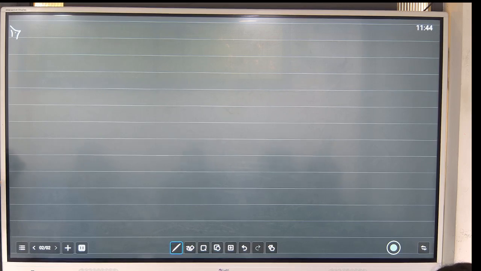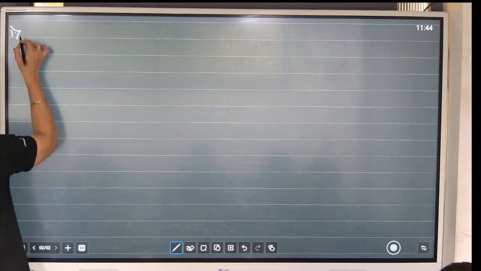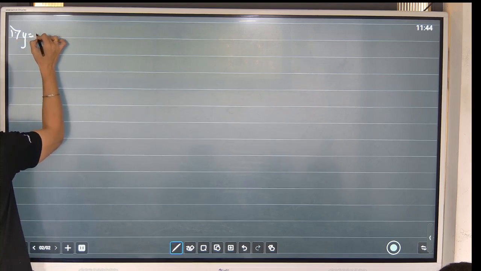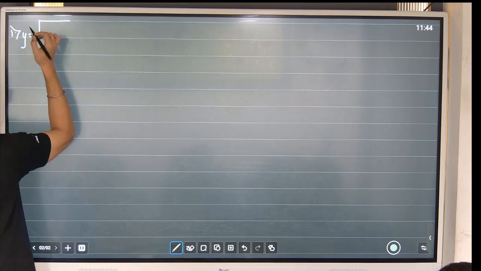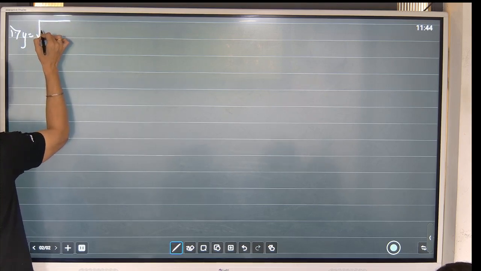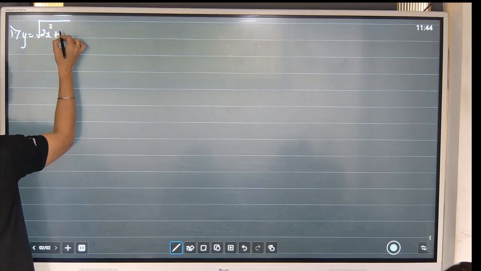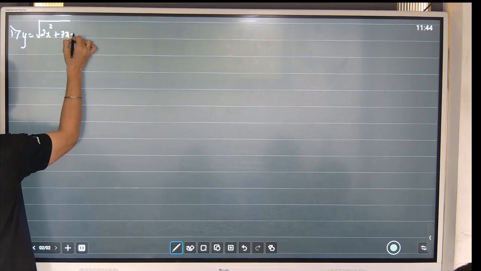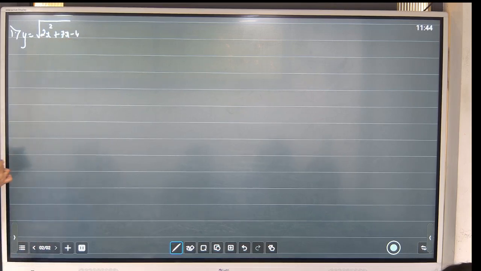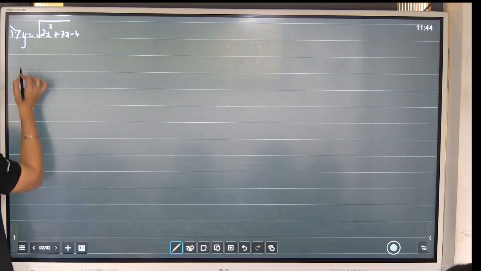Now if I take a question, say for example, y is equal to under root of 2x square plus 7x minus 4.